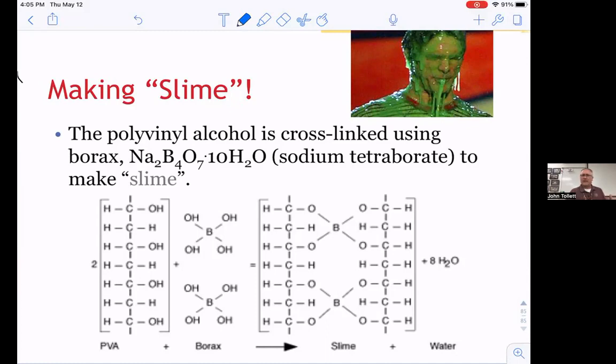With the PVA, or polyvinyl alcohol, it makes a slimy substance like you see in the picture that guy's got on him. And you can make this with the blue glue that you see at Walmart or the grocery store. That blue Elmer's glue is going to be polyvinyl alcohol. Elmer's glue is what you would use to make gak, and you use the sodium borate solution as well for that. So that concludes this unit with you guys.